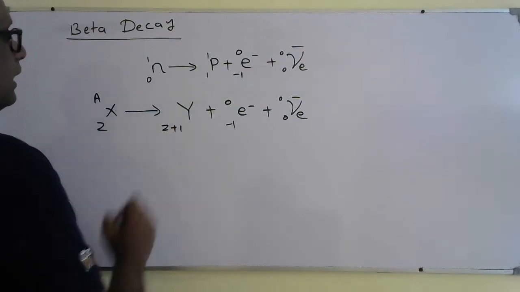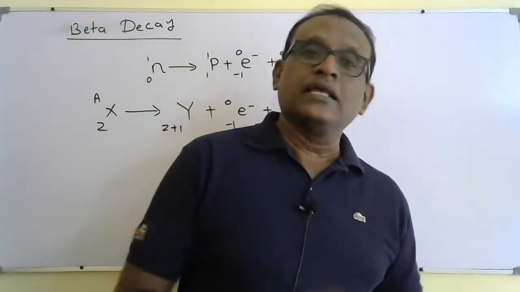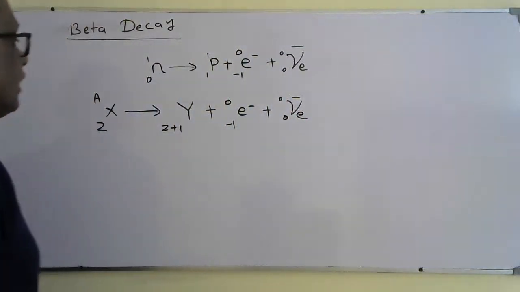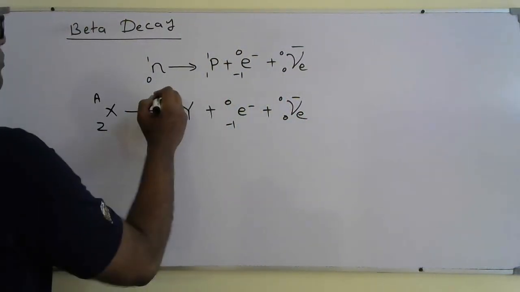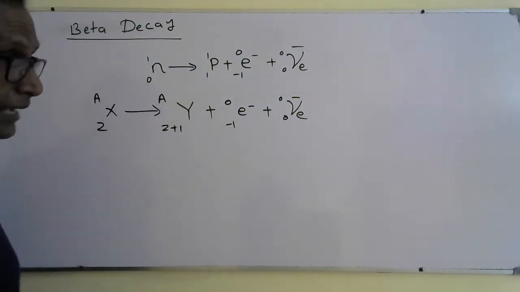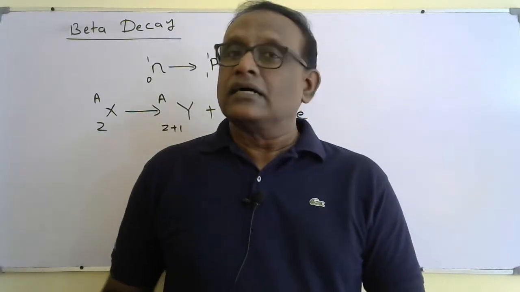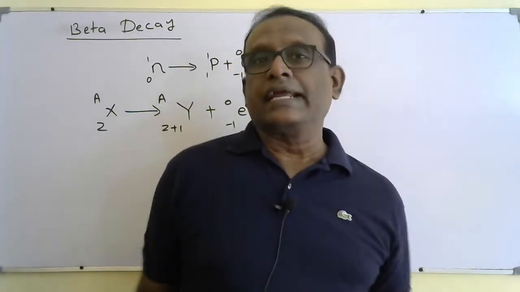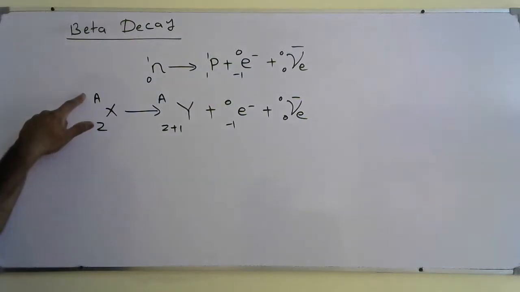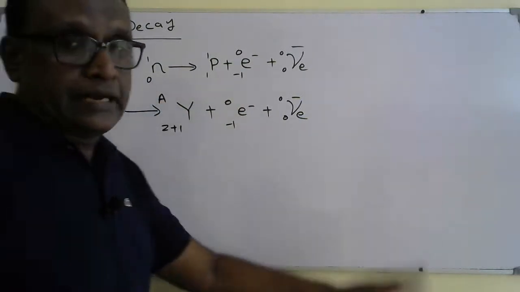There is an increase in charge, or atomic number, but the baryon number, or mass number, has no change. That is very important, and later I'll discuss energy release. I need this: there is no change in mass number in beta minus emission.